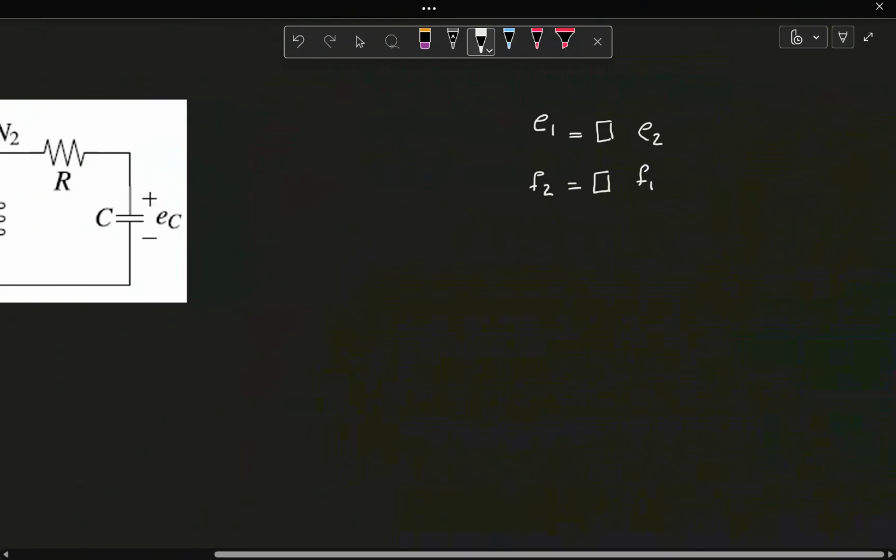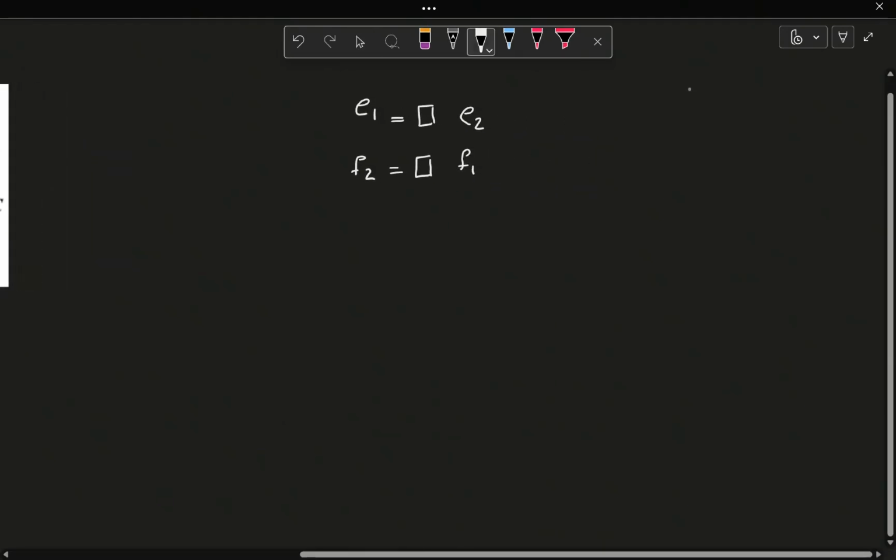And what did we mean by effort and flow? Effort was anything like force, and flow was anything like velocity. For example, in gear chains, if you remember, N1 and N2 would be the number of teeth on gear 1 and the number of teeth on gear 2.